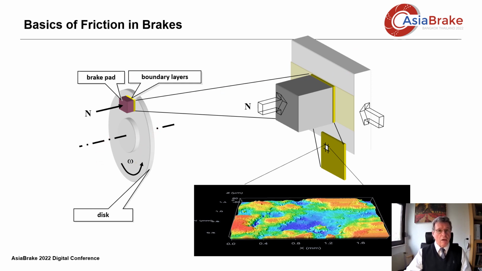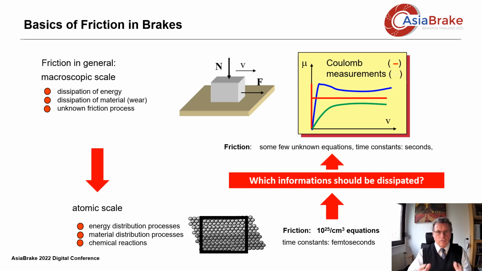The topological surface structure of the pad shows a highly complex dynamical behavior. Friction in the microscopic world manifests itself as dissipation of energy and dissipation of material, that is wear. The underlying processes are almost unknown.